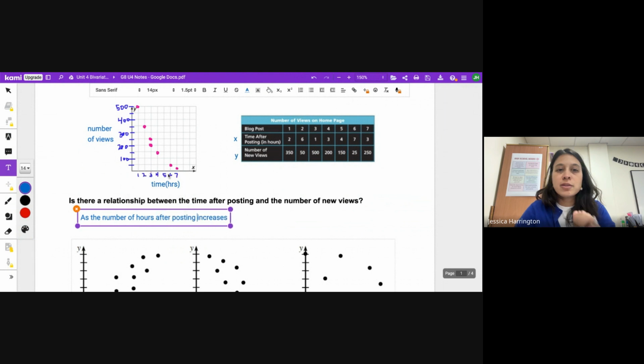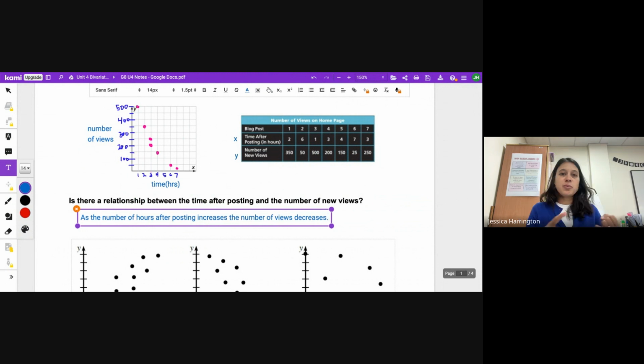As you go up in hours, what happens to the number of views? It's decreasing. So essentially the point of this was, one, to recall or learn for the first time what a scatter plot is, which is just a plot of dots. And then two, to look at the data points and ask, what's the relationship here? The longer you wait after a post, the fewer people are viewing it.